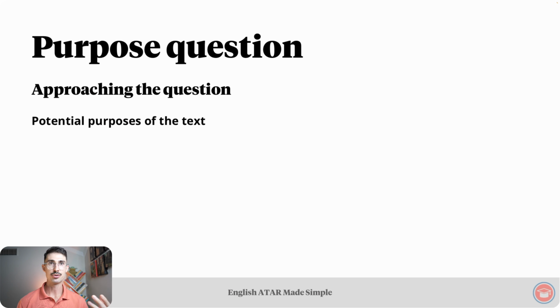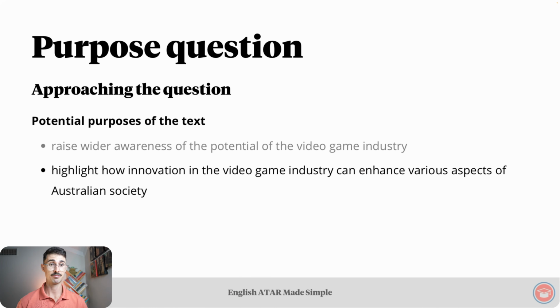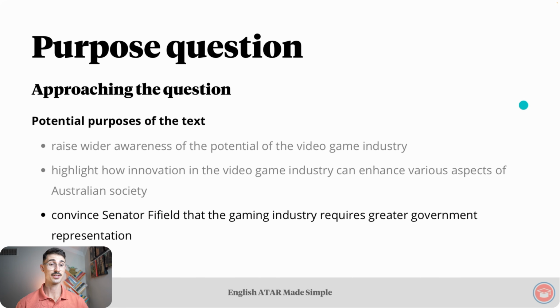Here are some potential purposes of the text, bearing in mind that we would only just focus on one. One purpose could be to raise wider awareness of the potential of the video game industry. Another one could be to highlight how innovation in the video game industry can enhance various aspects of Australian society. Another purpose could be to convince Senator Fifield that the gaming industry requires greater government representation.